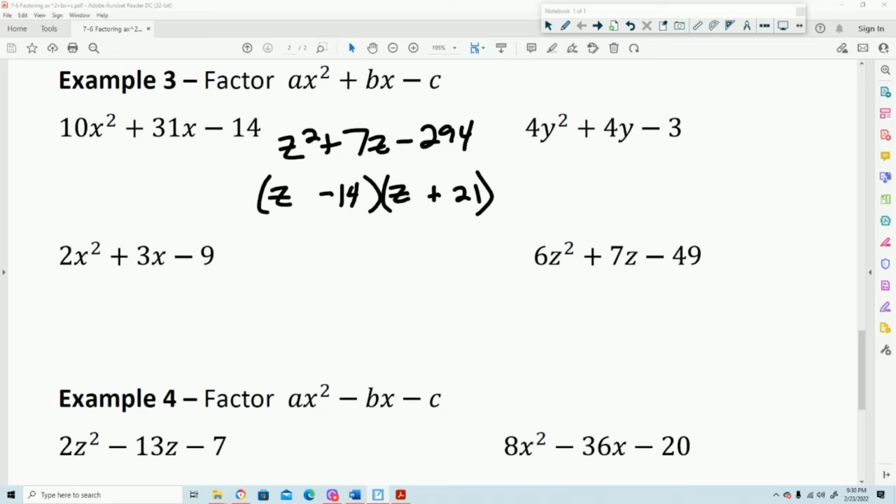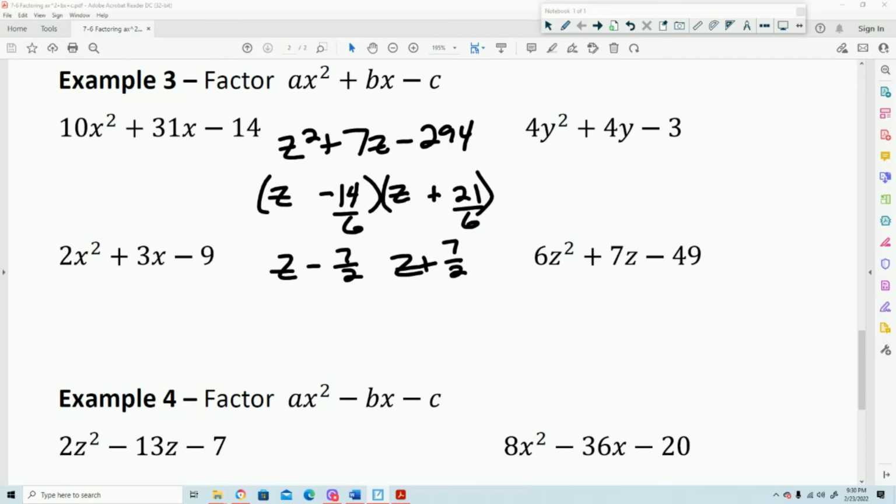Now we're going to bring the 6 back in. 6 here, 6 here. Now we have to reduce. So we get z minus, we're going to be 7 over 3 when I divide by 2. Z plus, we're going to divide by 3, we get 7 over 2.